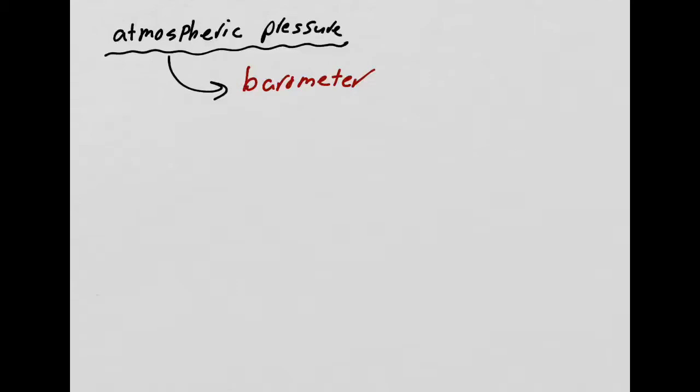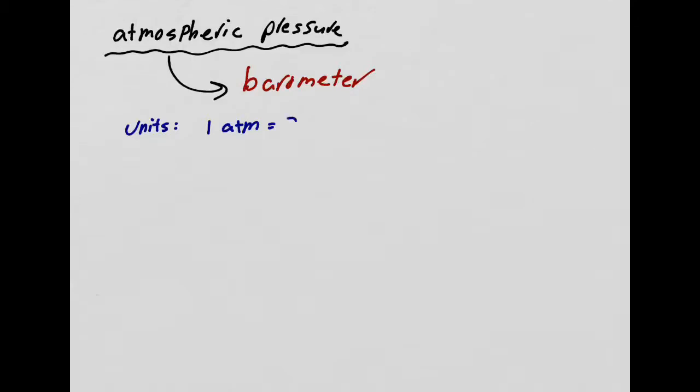Now, before I keep going, because I want to actually show you how a barometer works, do I want to show you first, or do I want to give you the units first? I want to give you the units first. I want to give you the units for pressure. So again, a barometer is how you would measure atmospheric pressure. So the unit for pressure is 1 atm.